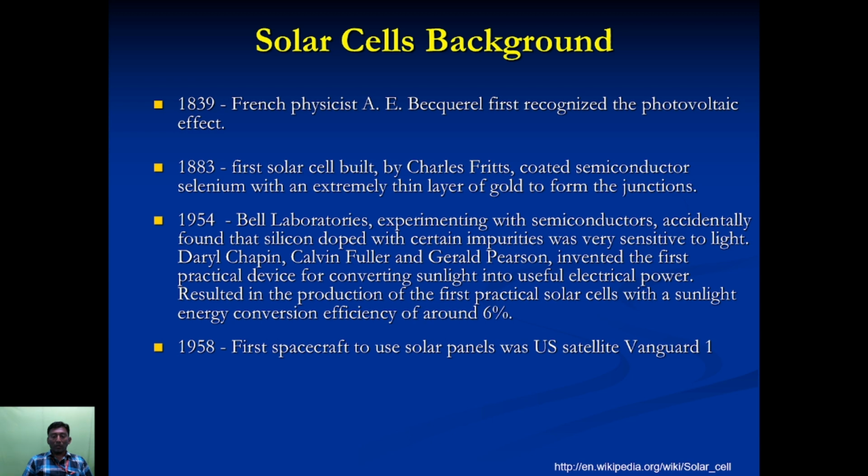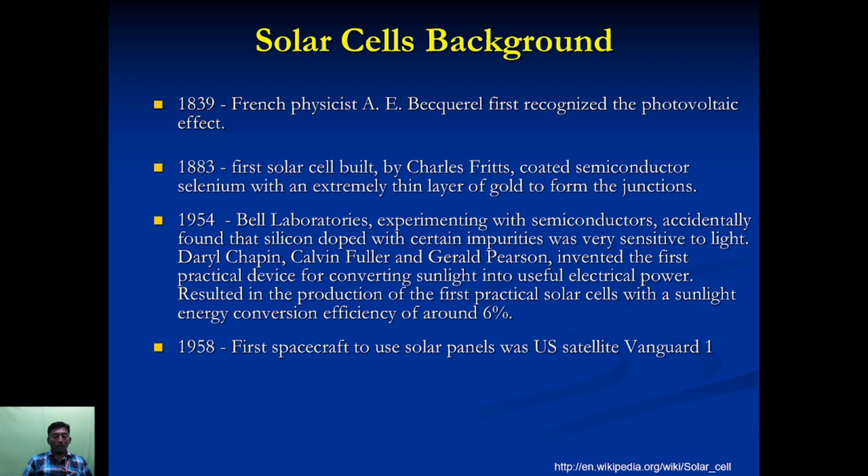So they developed silicon based solar cells, with an energy conversion efficiency of 6%. Even though it is very low, it gave unique results at that time.